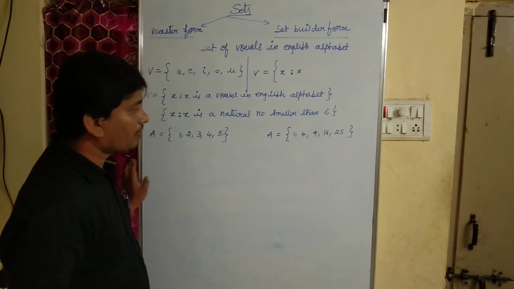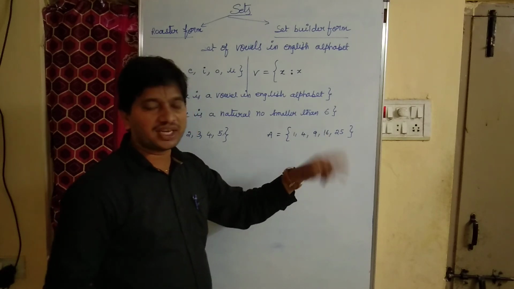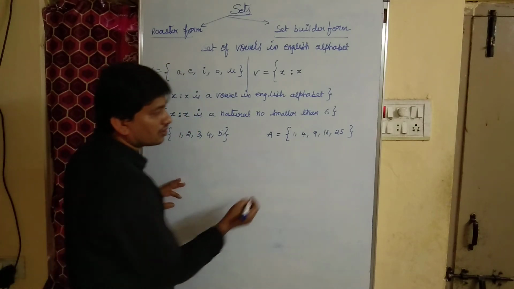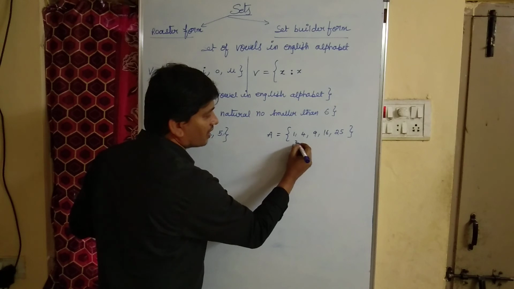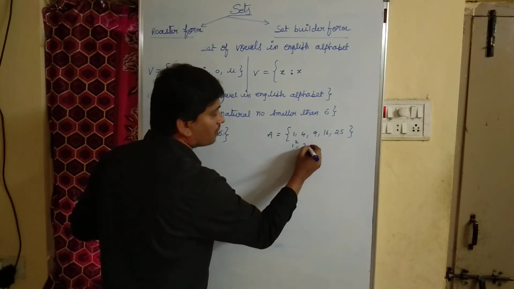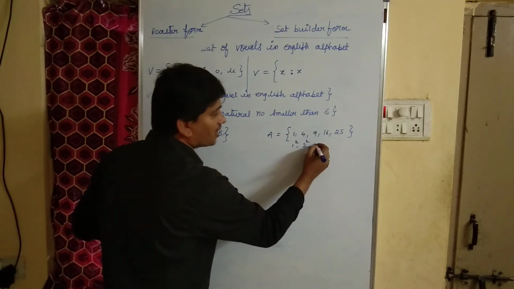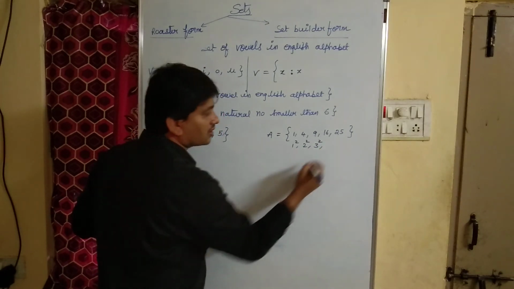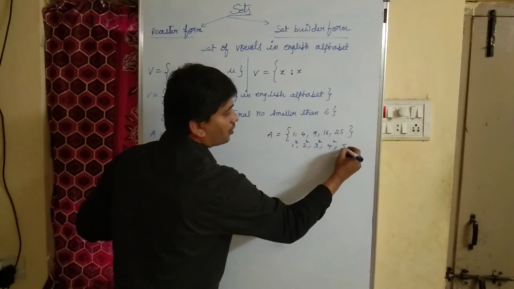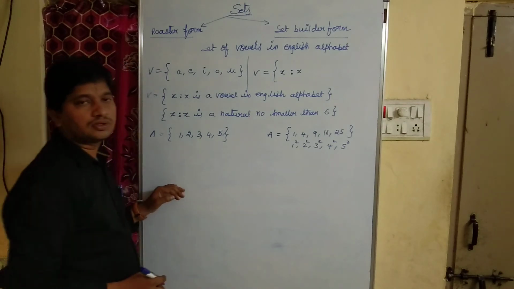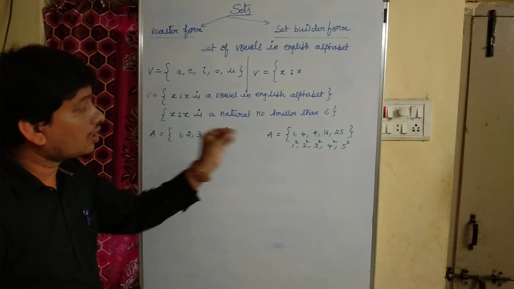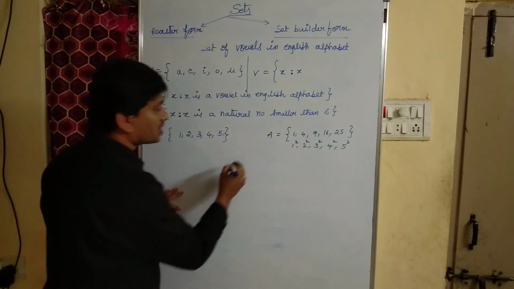If you observe the property of the elements in set A, 1 is nothing but 1 square, 4 is nothing but 2 square, 9 is nothing but 3 square, 16 is nothing but 4 square, 25 is nothing but 5 square. So what is the common property of all the elements? They are squares of numbers.